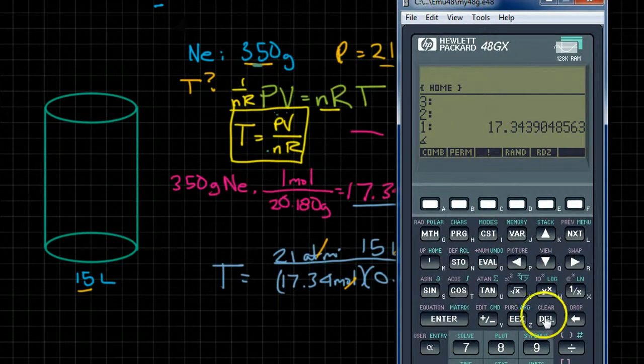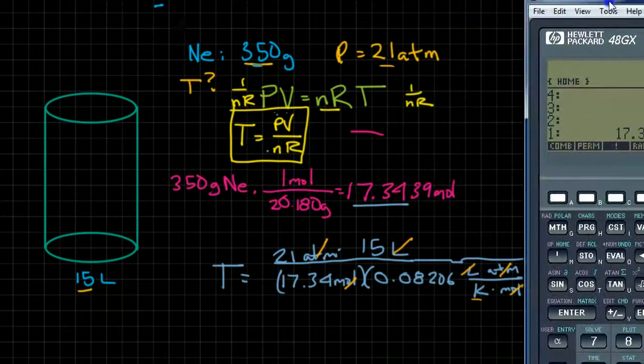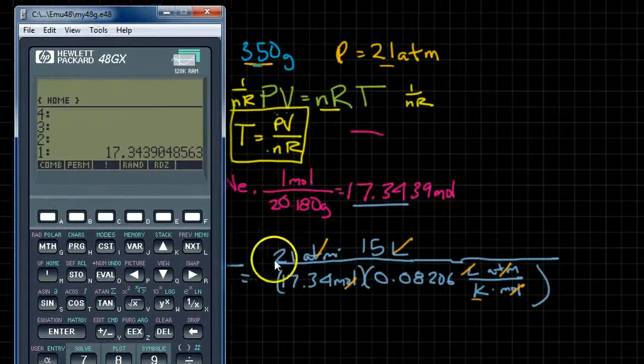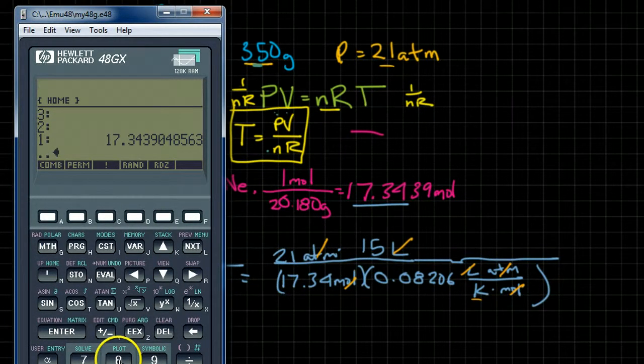Where did I get that 17 from? Oh yeah, that's my mole number. Let's go ahead and use that. So let's make it confusing, shall we? 17.34 times 0.08206, and I'm going to multiply that.